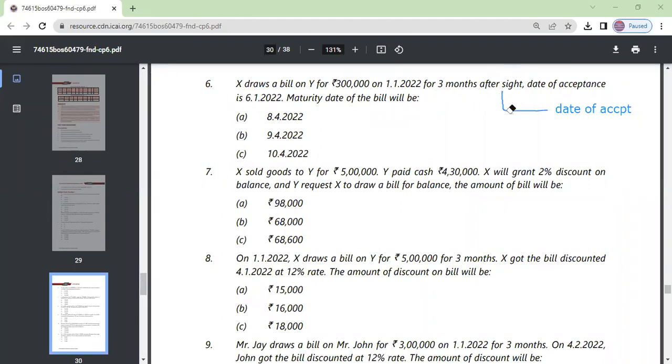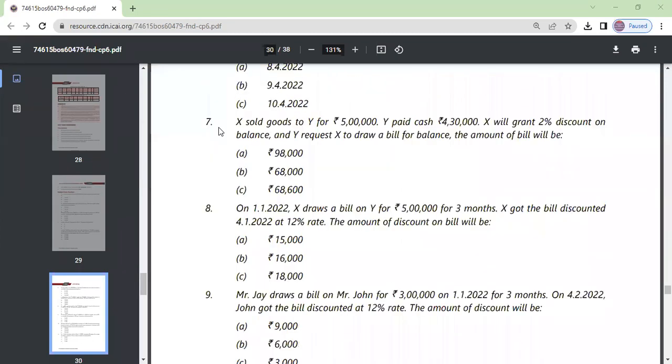Let's go to the next question. Question number 7. X sold goods to Y. Here X is called creditor, Y is called debtor. In case of credit sales, 5 lakh rupees. Y paid cash 4,30,000. What is the sales amount? 5 lakhs.